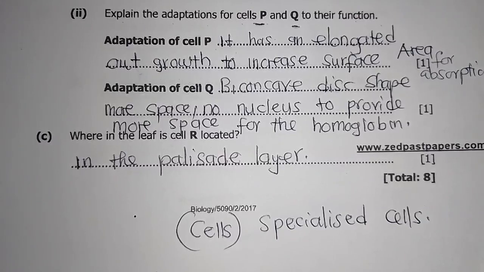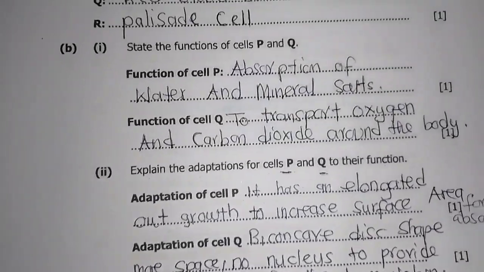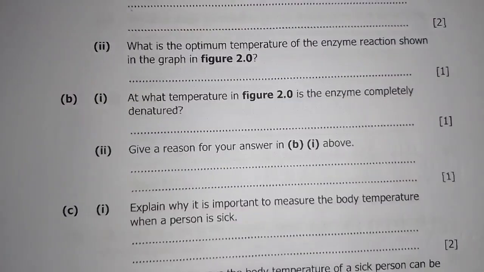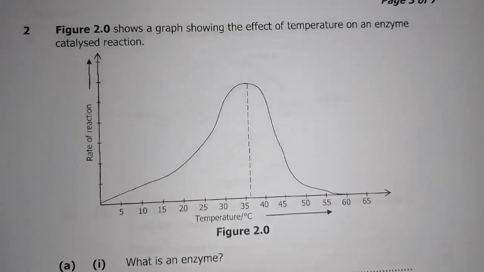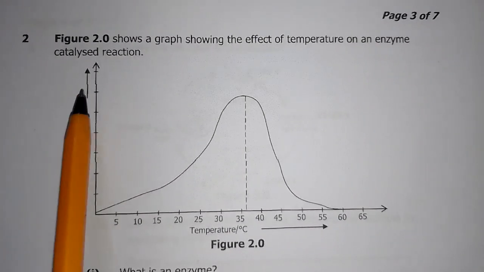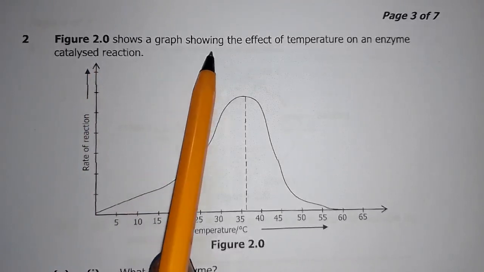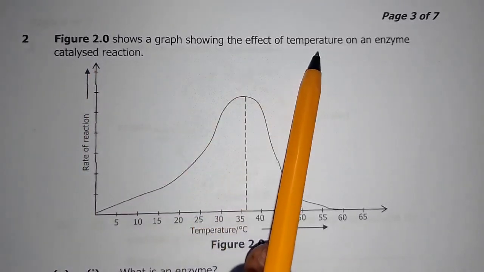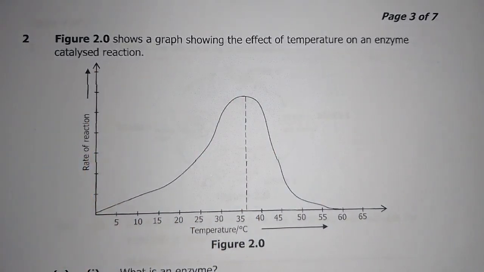Let us move to the next question. This is our question 2. So what is this question saying? Figure 2.0 shows a graph showing the effect of temperature on an enzyme catalyzed reaction.